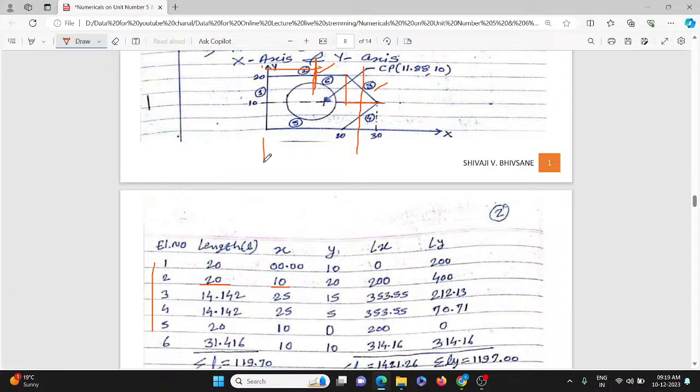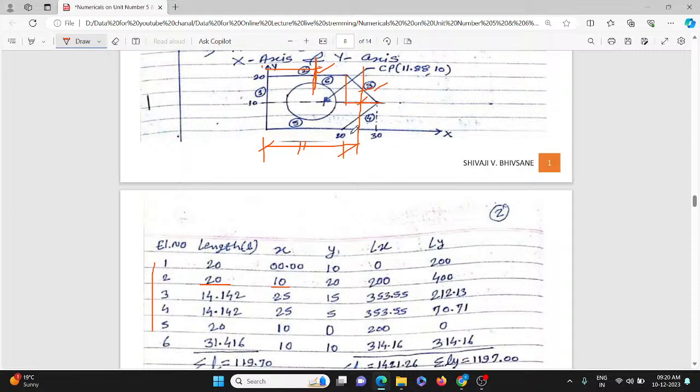So basically you have to calculate the distance from Y. We know this particular distance is 20, and the centroid of this line, element number three, will be somewhere at the center.